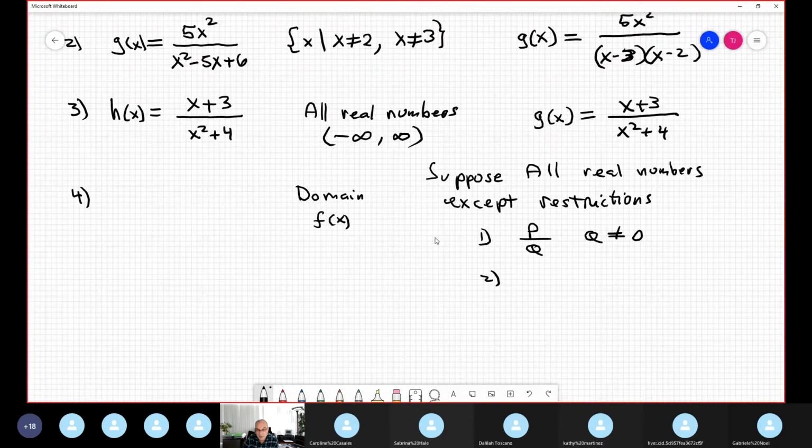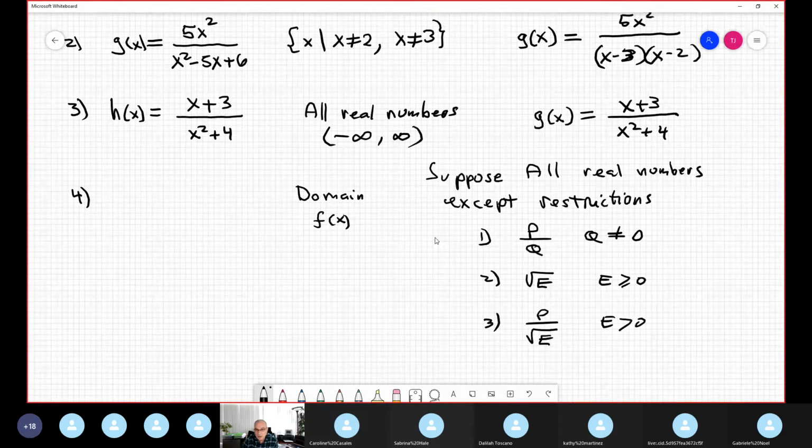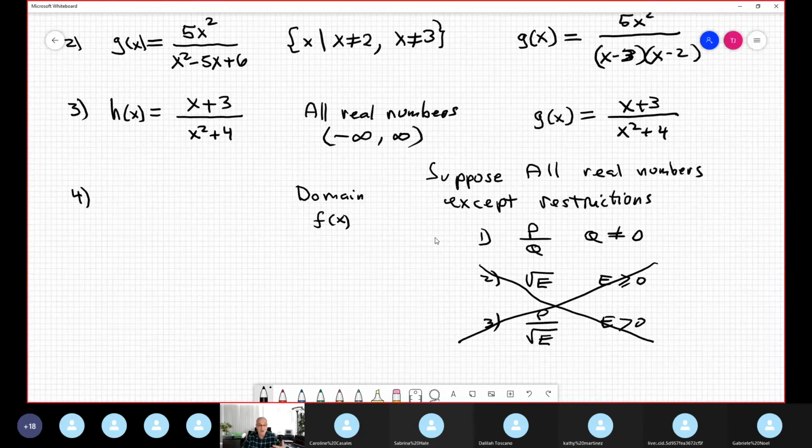We have another one, but it's not important here: when you have a radical, the inside must be non-negative. I suppose you remember this story, yes or no? You forgot that part because the functions we study now do not contain radicals, so I focus on this kind of restriction.